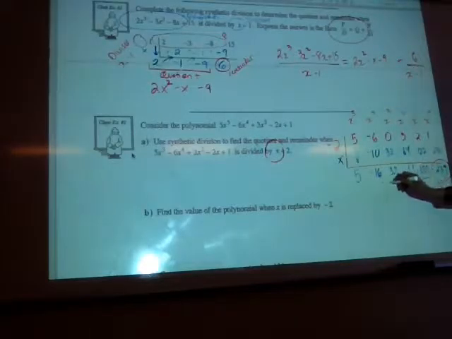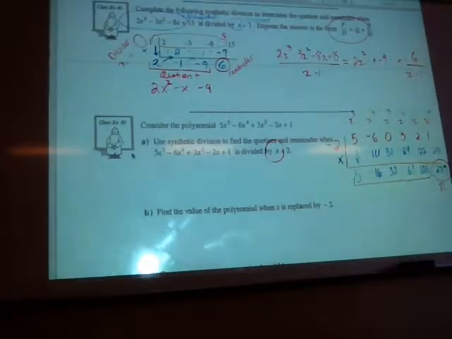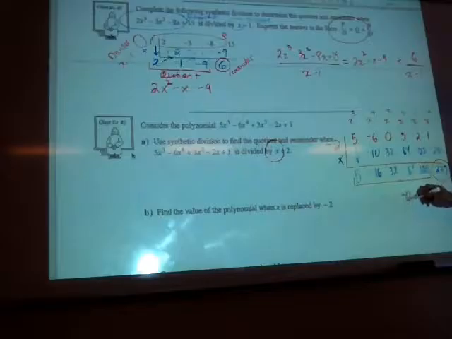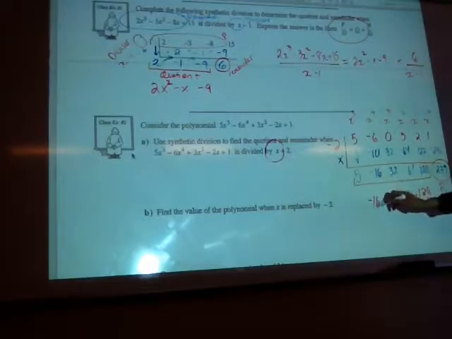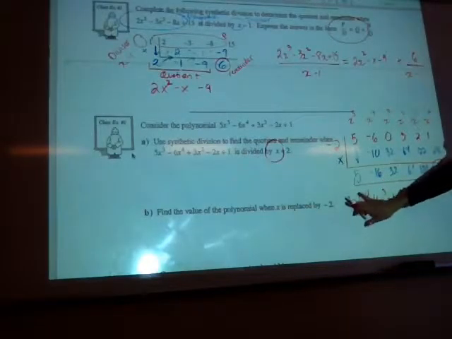Okay, and based on these digits, let's just state our quotient. Starting with 120, that's my constant, minus 61x, plus 32x squared, minus 16x cubed, plus 5x to the power of 4.